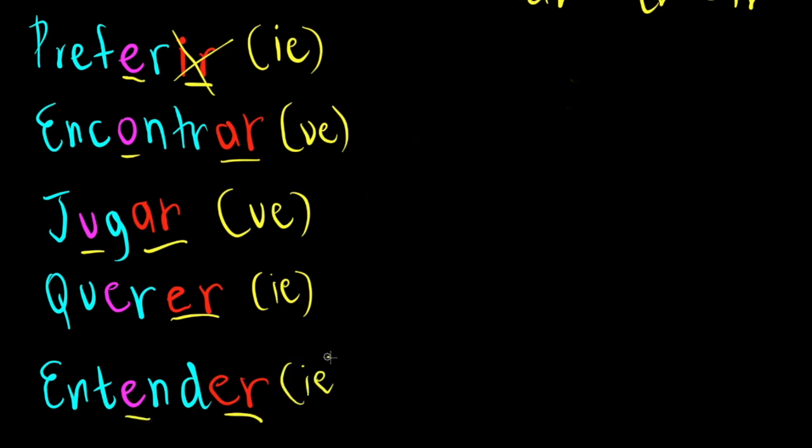So now what I'd like you to do is you're going to conjugate these verbs to different people. So that way we can go over the rules and you can see what they look like.